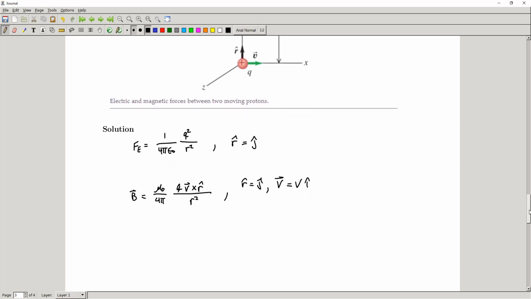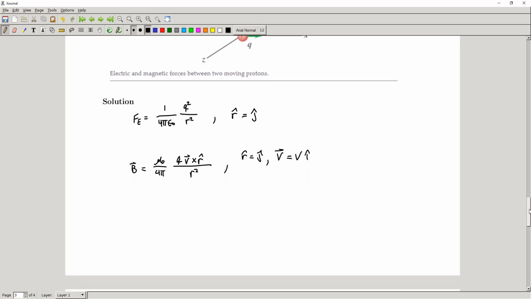So let's rewrite this by factoring everything out and just leaving the cross product on its own. We're going to have mu naught over 4 pi, then q v over r squared, and we still have our i hat cross j hat now, i hat from v cross j hat from r.